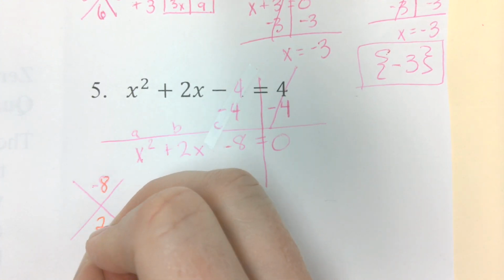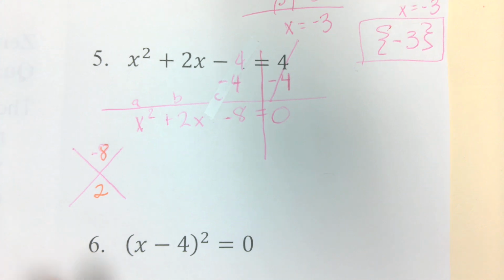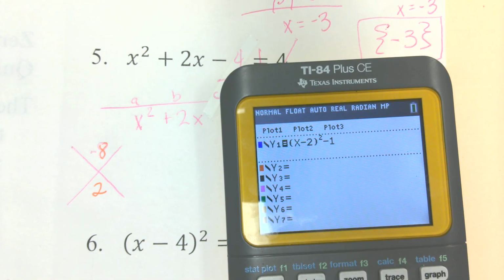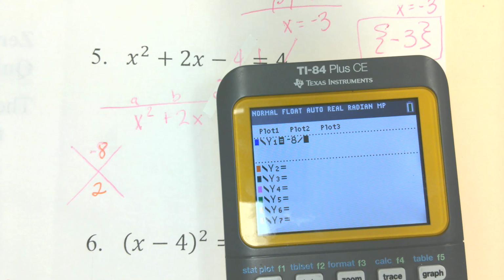And then 2. So what are the factors of negative 8 that add to get 2? So I saw some of y'all grabbing your calculator. That's good. So one of them's negative, one of them's positive.